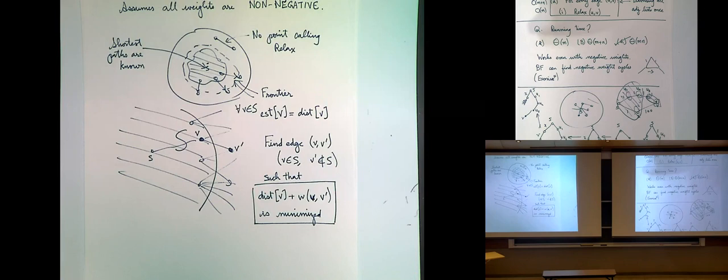Right? Does this make sense? So I'm going to try to find an edge such that the distance from S to V plus the weight of that edge is minimized. And I do this over all of these edges that are crossing the boundary. Does that make sense? Okay. What I'm now claiming is that that's a shortest path. Okay, why? Right? So I'm claiming that the shortest path to V prime is through V.